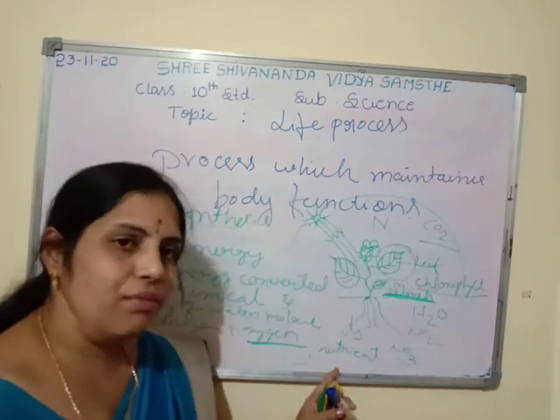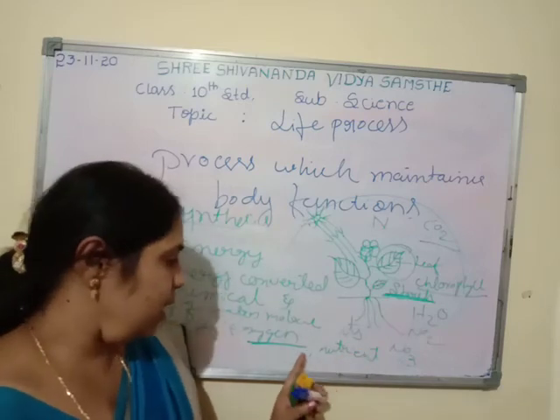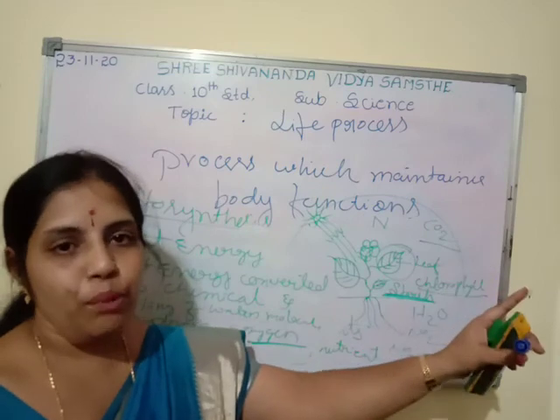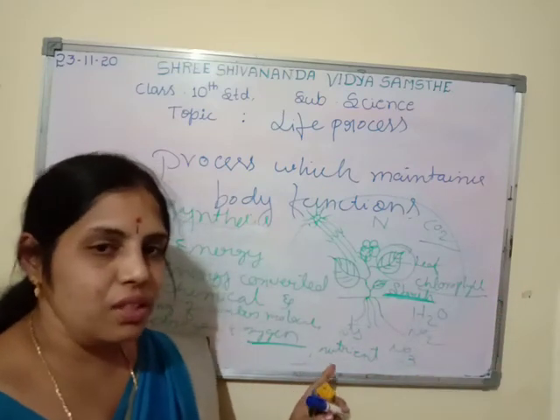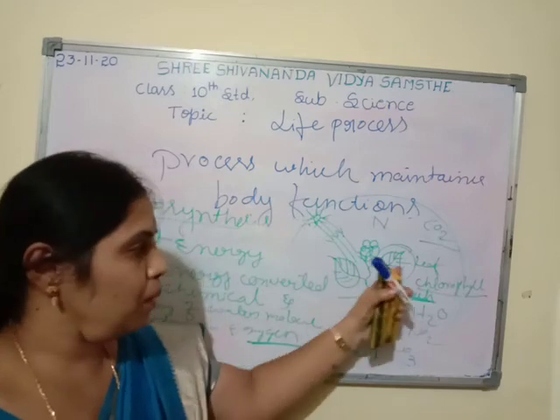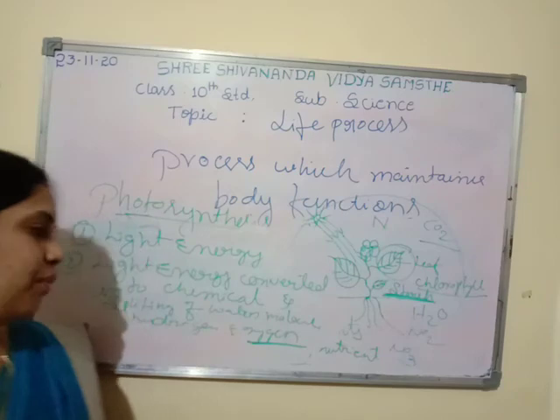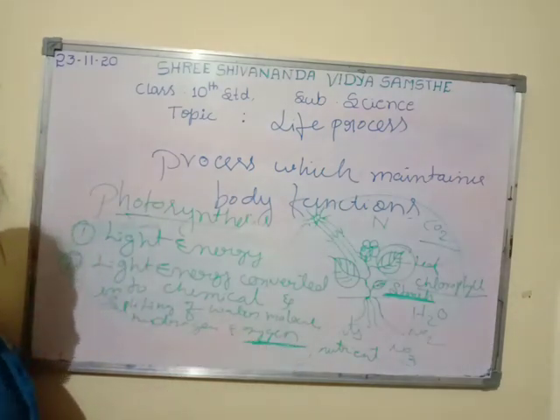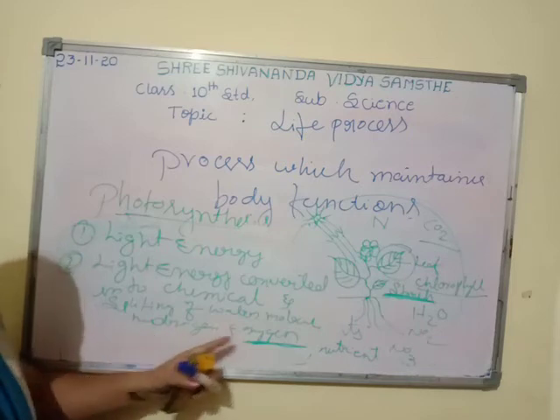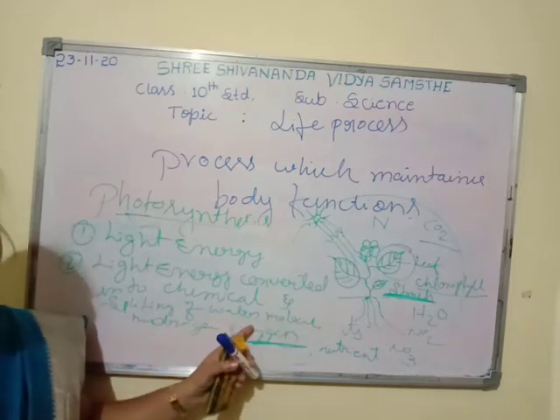They need oxygen for their respiration, but while preparing food, they release oxygen into the atmosphere, as you know. Why do they release it? Because they release oxygen as a product when preparing their food.